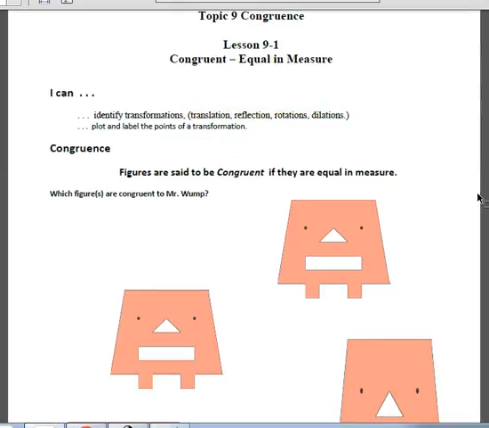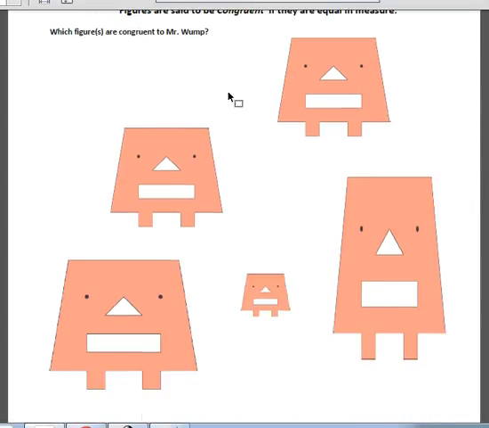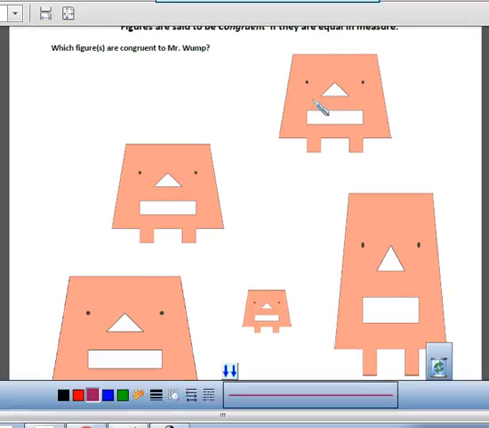Okay, so when we look at this example here, which figures or figure are congruent with Mr. Wump? Now, I know it's kind of a silly name. This is actually a classic figure in geometry. So this one here is congruent with one other.